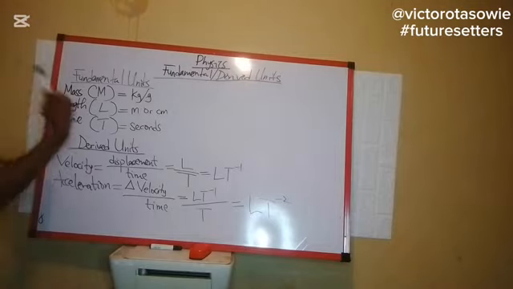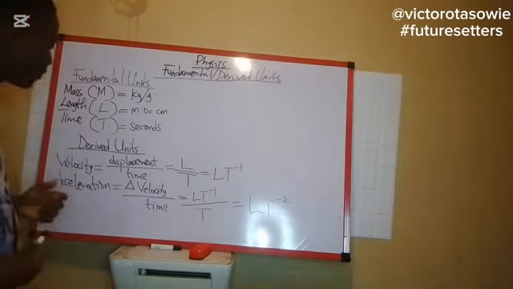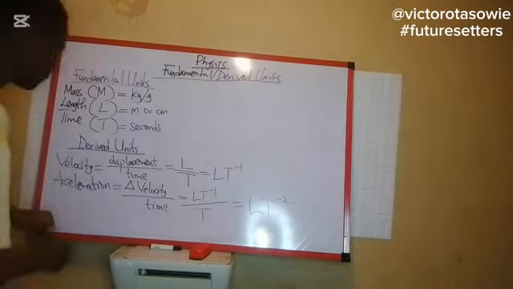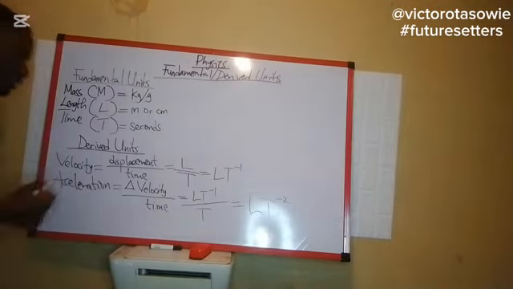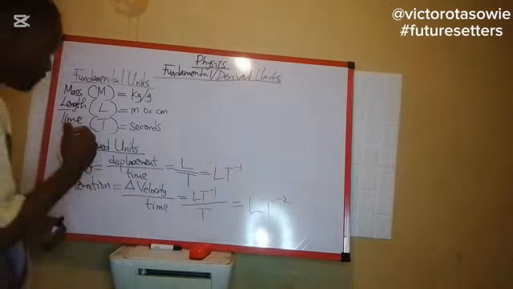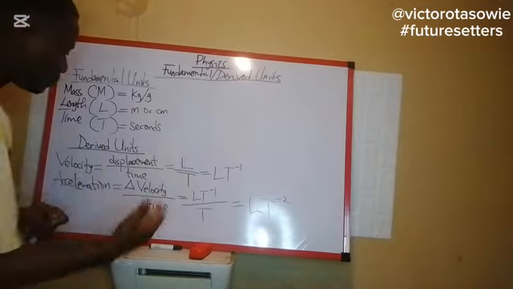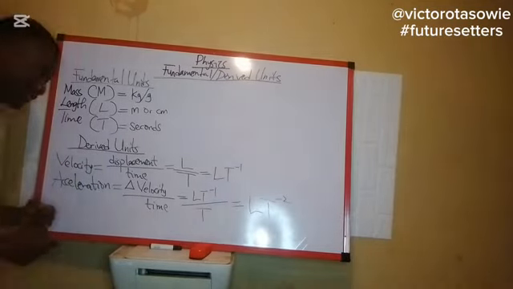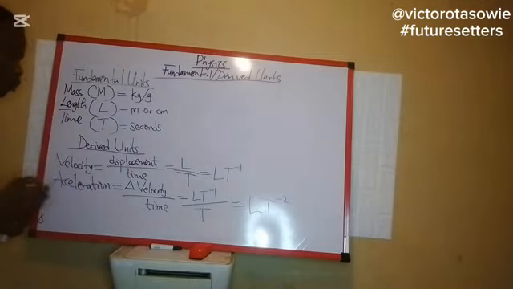Then length, L, is in meters or centimeters. Time, T, is in seconds. Derived unit, for example velocity, is displacement over time. Acceleration is change in velocity over time, which is LT raised to power minus 1 over T, which is equal to LT raised to power minus 2.